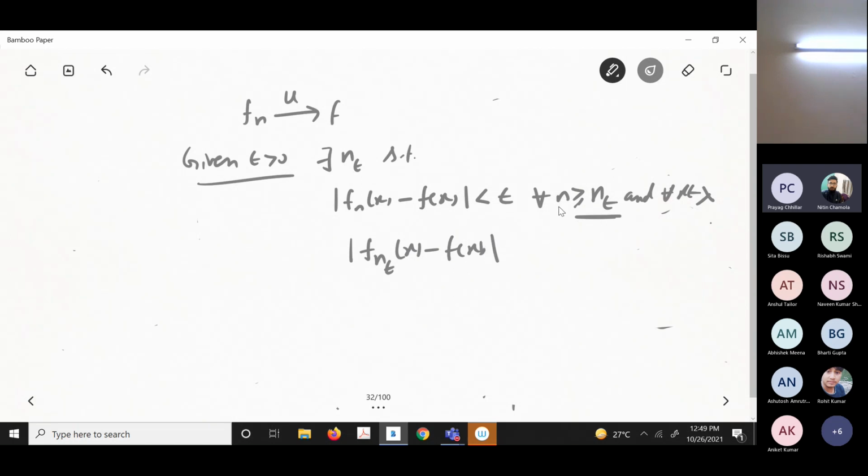I could take any n greater than or equal to n epsilon and keep it fixed. But I am saying I will get this for all x belonging to X. That is exactly what I have used.